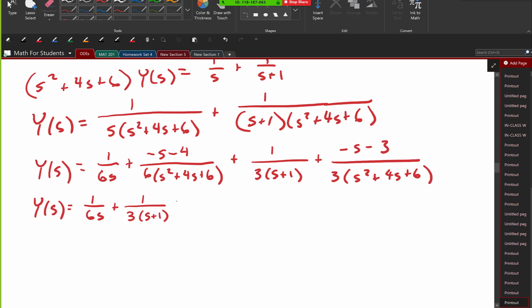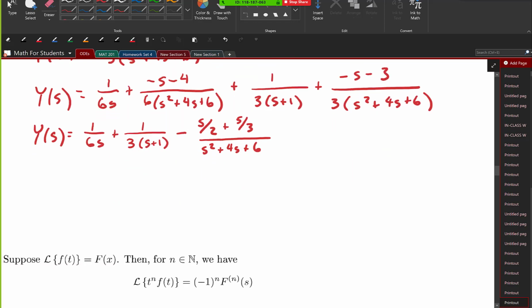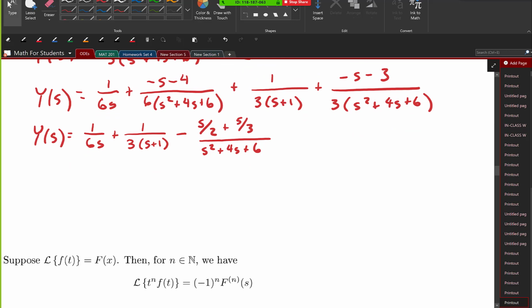So when I added the two quadratic terms together, what I ended up with was minus s over 2 plus 5 over 3 s squared plus 4s plus 6. Which, we're now going to take this all backwards to t-space.